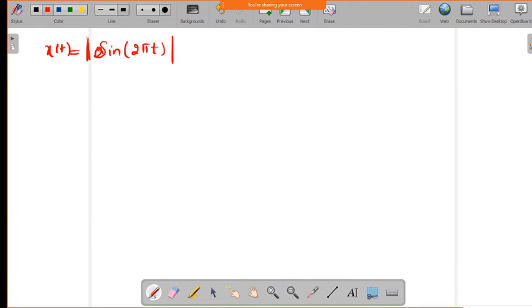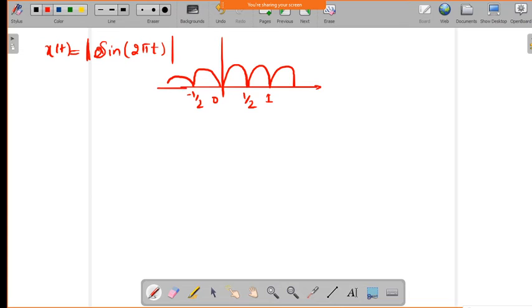Now you need to find out the Fourier series coefficient, x of k. The plot has 0, half, and 1, and similarly on the negative side, minus half and minus 1.